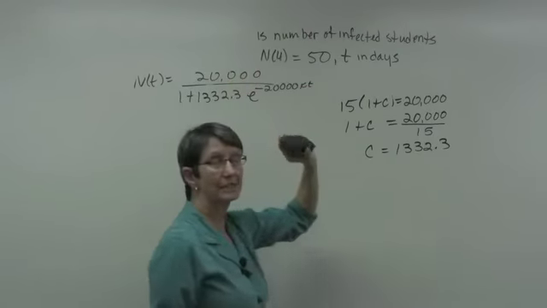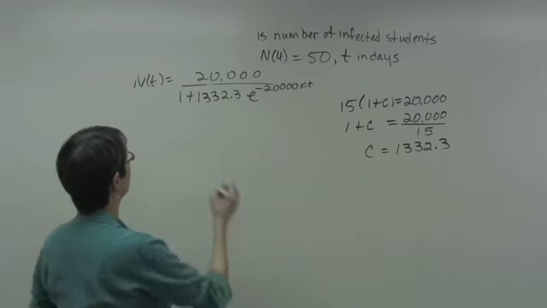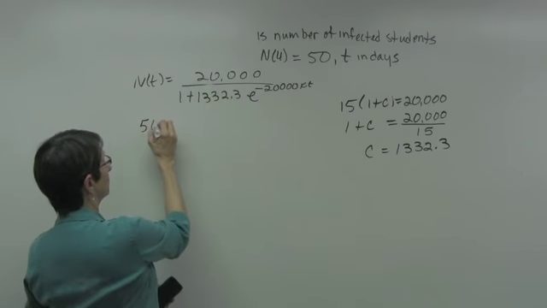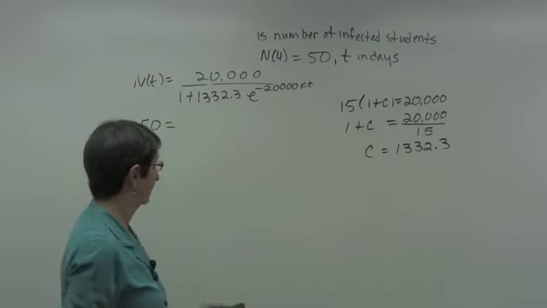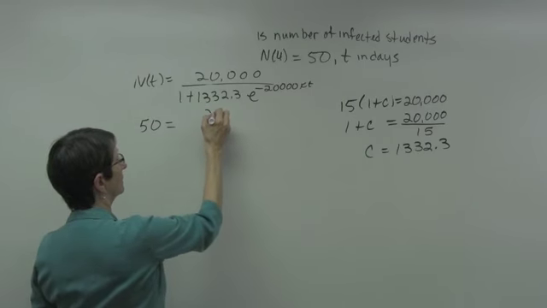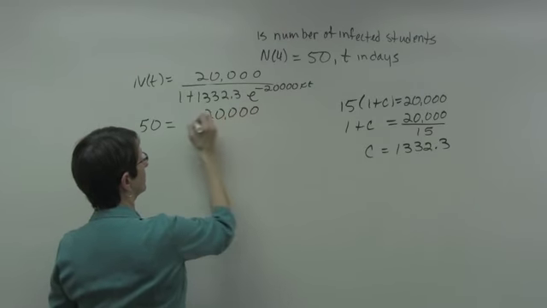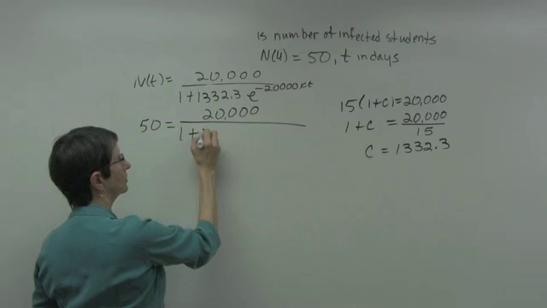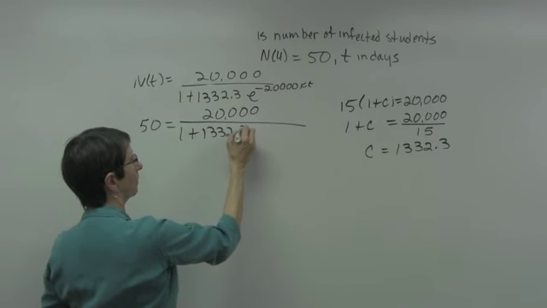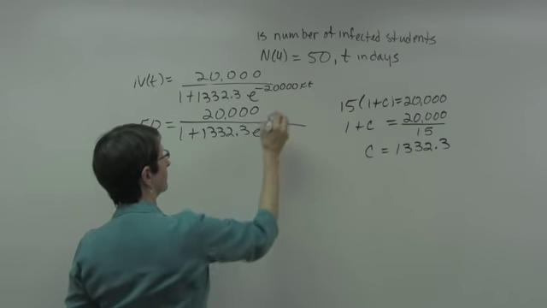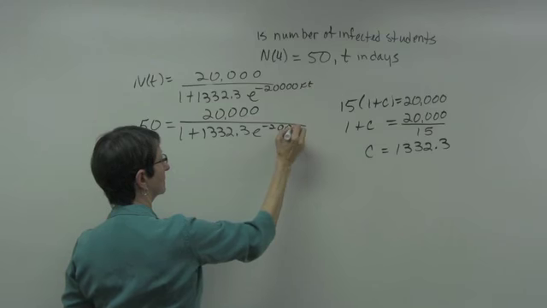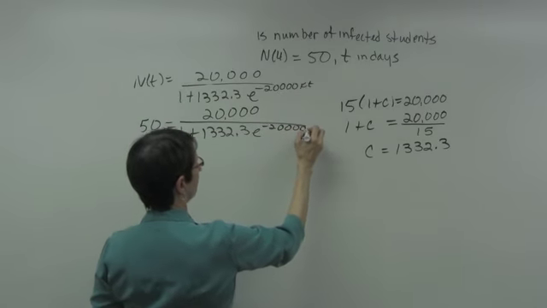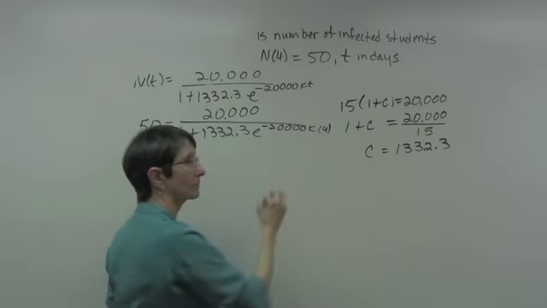And my next condition says that when T is 4, N is 50. So 50 students after 4 days are the number that has the flu. You continue, and I expect you've done a lot of these parts before. I have negative 20,000 times K times 4.